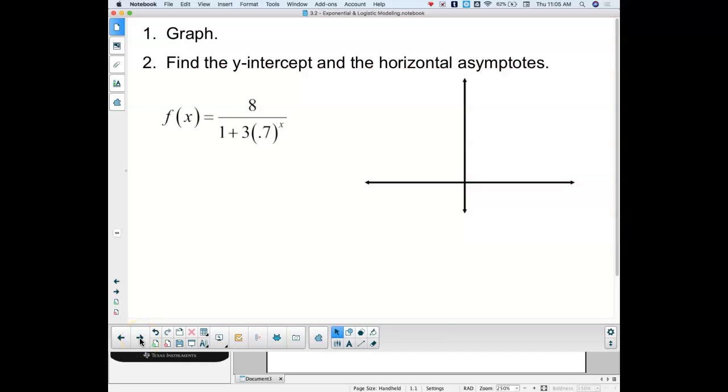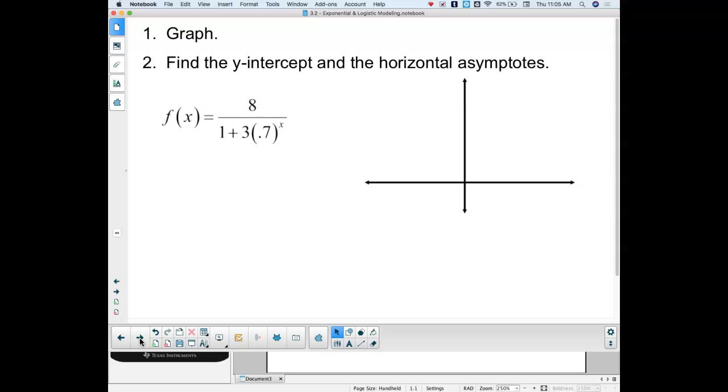So today I would like to graph logistic functions. Remember that a logistic function starts out with exponential growth, and then the growth slows and levels out to the limit to growth.